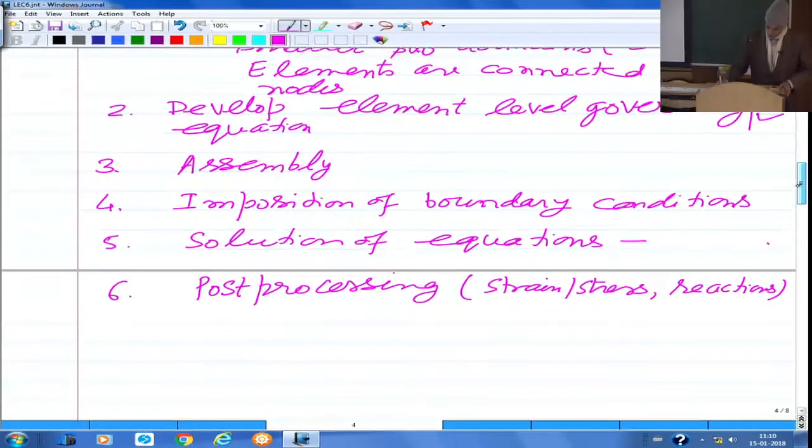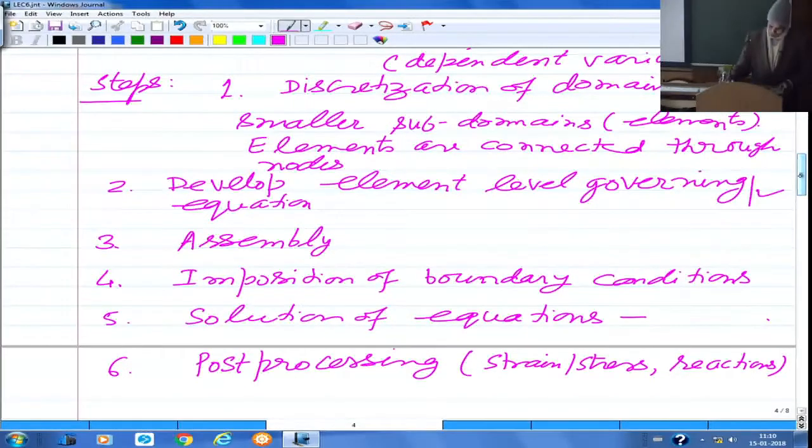So if you are using a package, typically the first step is referred to as pre-processing. A precursor to this step would be first solid modeling, that is, you have to make a solid model. That solid model could be just lines, curves, or it can be surfaces, or it can be solids.